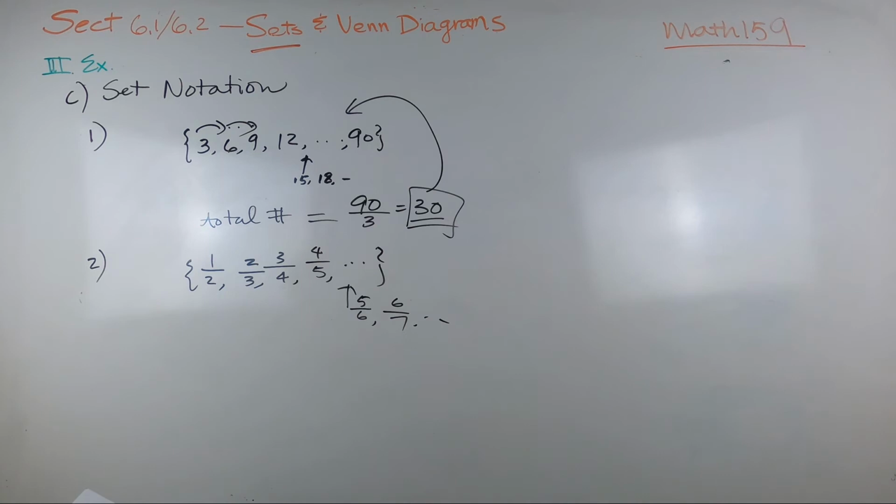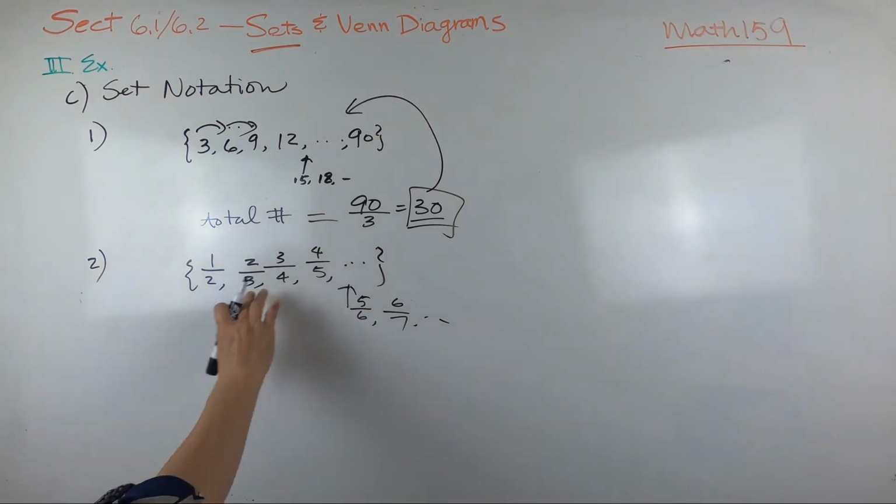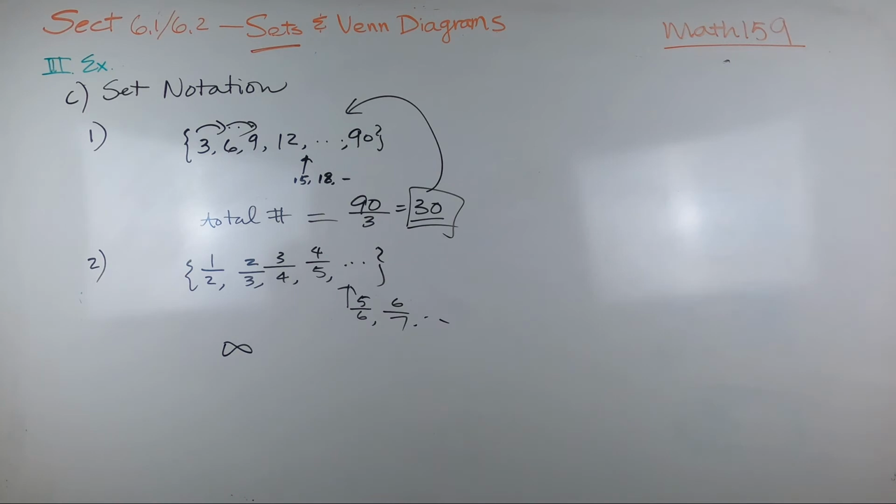It never ends. So what's the total number of elements in the set? What do you think? It goes forever. You cannot count it, right? So your answer can be what? Infinite, means it goes forever. Or you can say infinity.